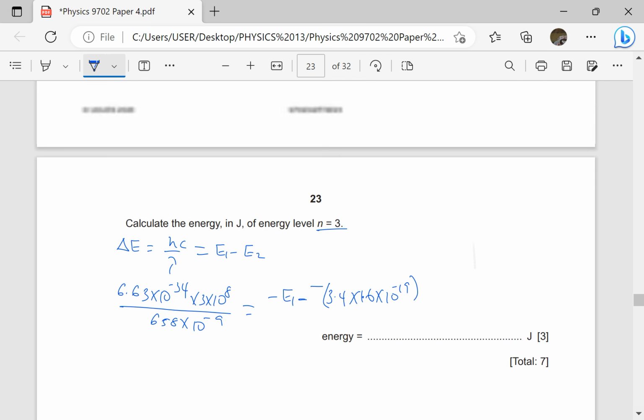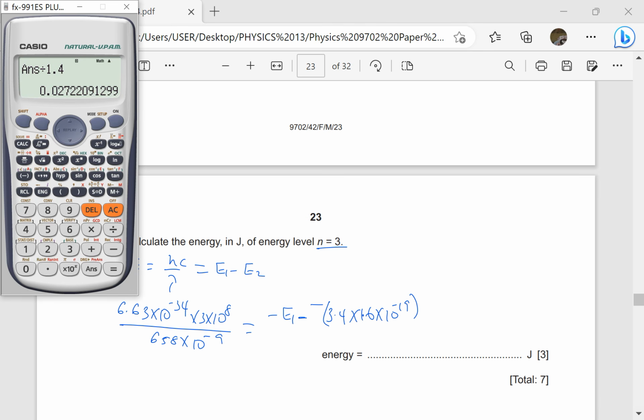I'll just press my calculator so that I get the answer directly. 6.63 exponent negative 34 times 3 exponent 8 divided by 658 exponent negative 9.